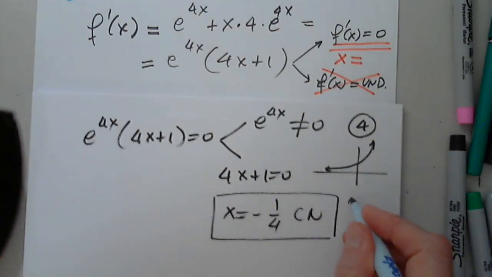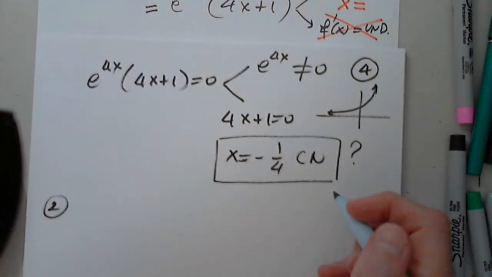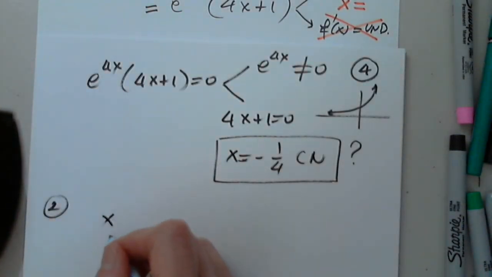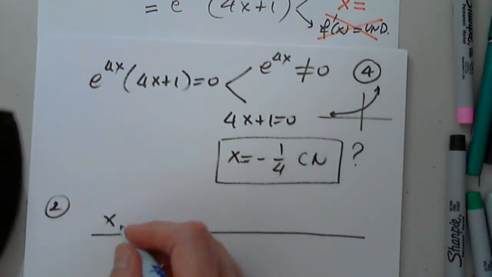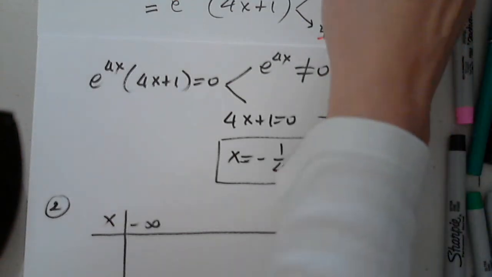Now the question is, in part 2, is this critical number going to turn into a max or min? I have no idea. So here's how we discover that. X can be anything from negative infinity to infinity. We established that.